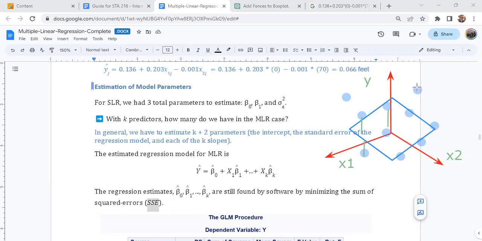And then the software, when it finds the solution, minimizes the square of those distances. That's graphically how multiple linear regression is working.